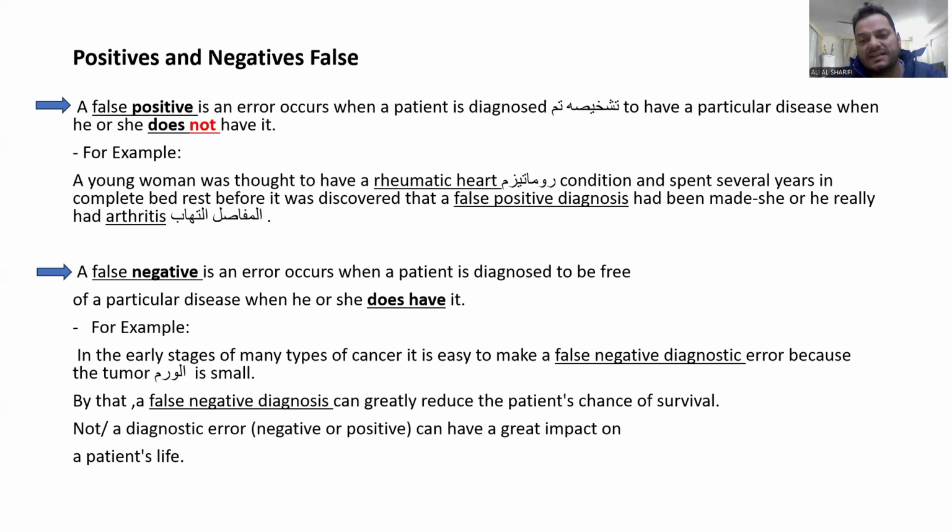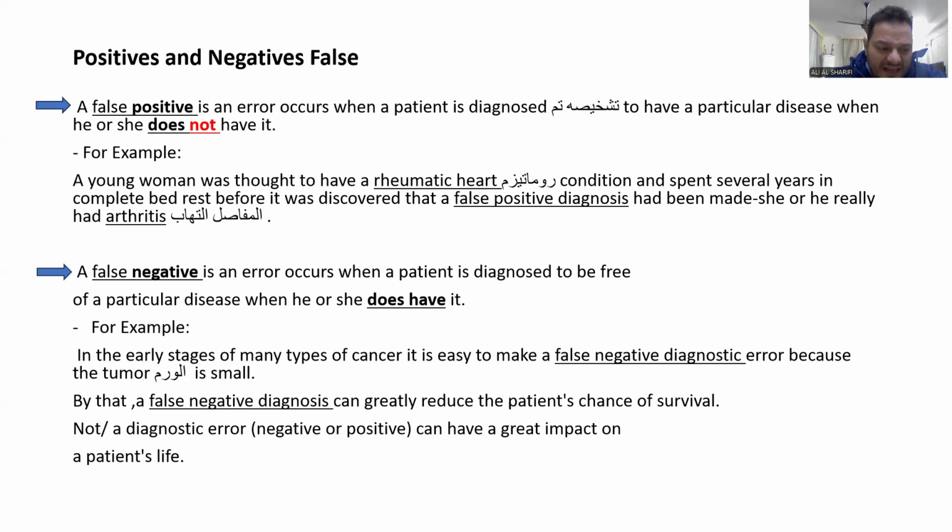She or he really had arthritis. And at the same time, she used unnecessary medicine for a few years.